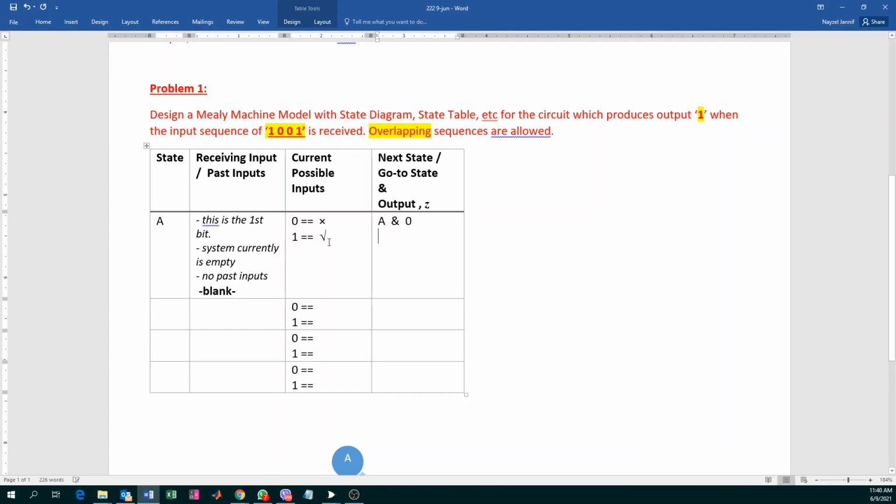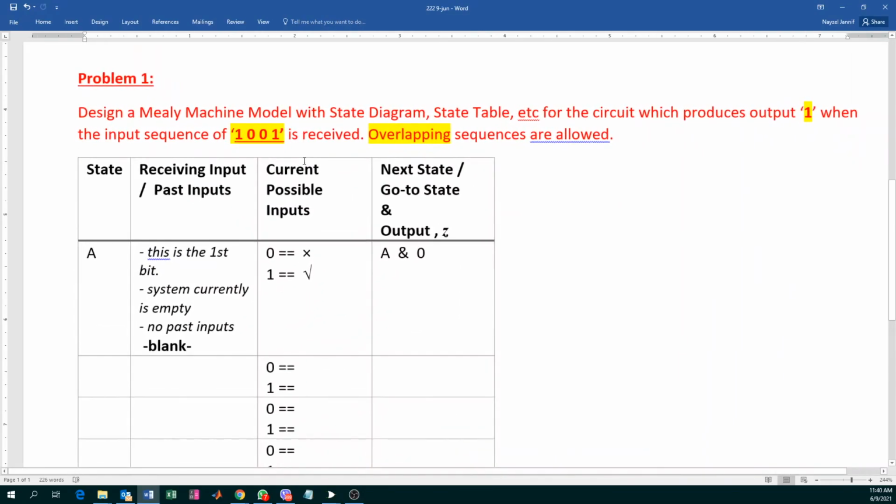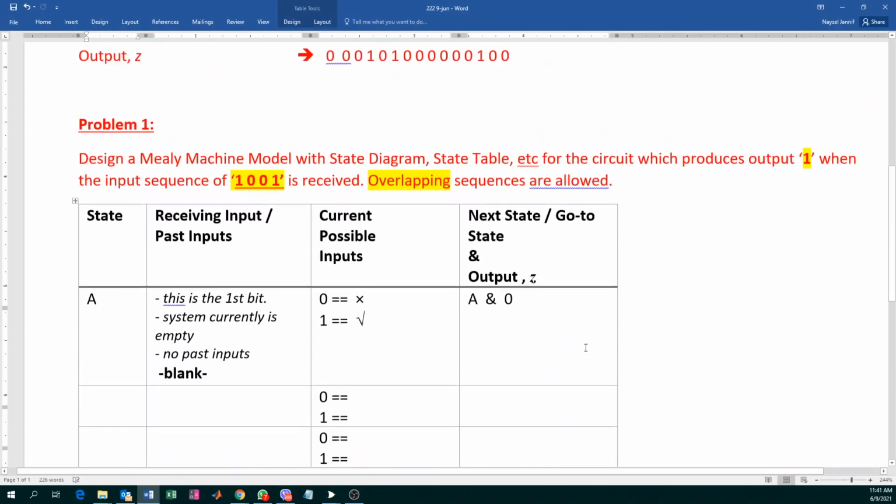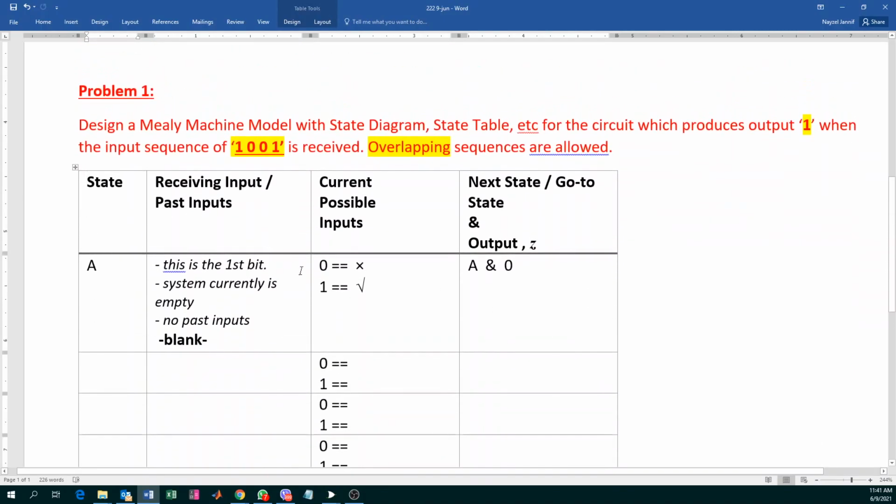Now, if your input is a 1, we meet this first condition. Remember, look at this top part over here. We meet this first condition, right? If our input is a 1, we meet this top condition. Therefore, what do we get?